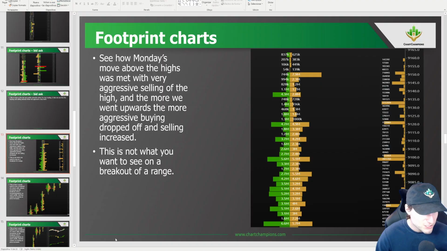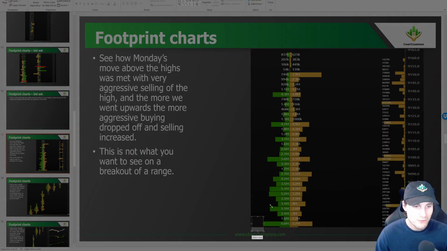So this is what we could see upon that high upper wick, topping out at around 9,160. Look at this. This is the buys on the left hand side. As we go up in price, from this $100 increase in price, which is quite a lot, the buying interest is going less. You're 6.6 million, 5.1 million, 5.1 million, 5.6, 3.7, 4.7, 4.3, and then 1 million, and then it's almost drying up.